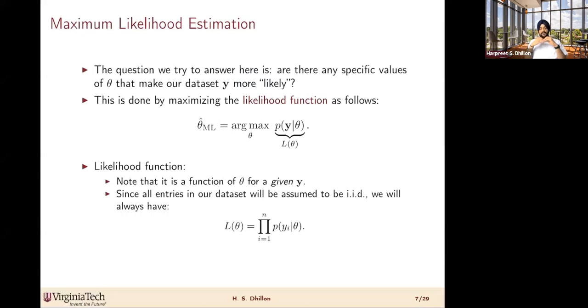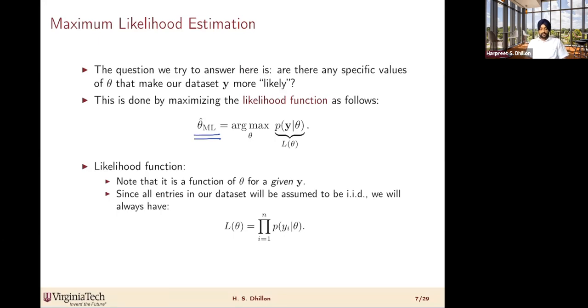Now maximum likelihood, as I said before, is nothing but you take your likelihood function, which is probability Y given theta in this case. Theta is the parameter that you are estimating, and then you just try to maximize that likelihood function. The value of theta that maximizes the likelihood function is your estimate, or the ML estimate, which will be represented as theta hat of ML.